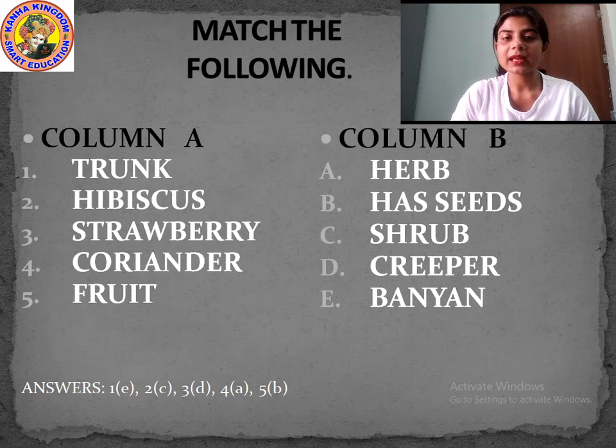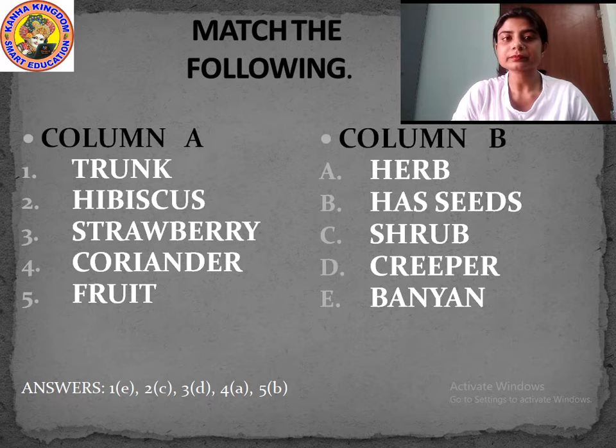Then strawberry, S-T-R-A-W-B-E-R-R-Y. Strawberry with creeper, C-R-E-E-P-E-R. Creeper. 3 with D. Okay. Then coriander, C-O-R-I-A-N-D-E-R.